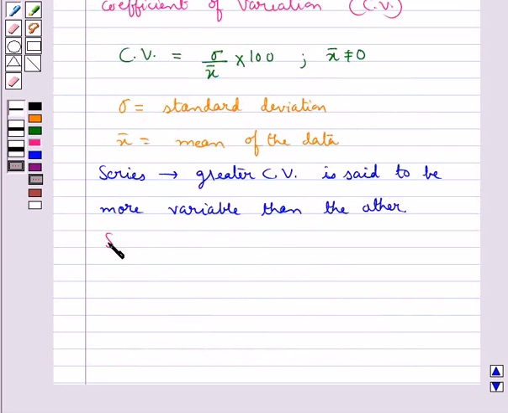And the series with lesser CV, that is lesser coefficient of variation, is said to be more consistent than the other.